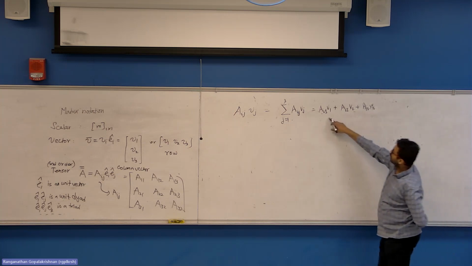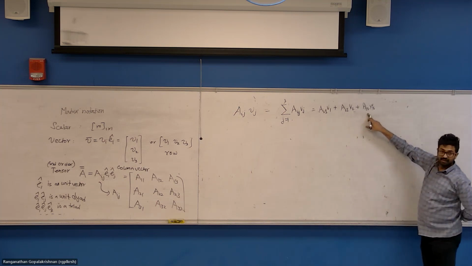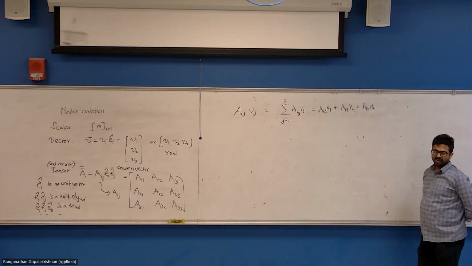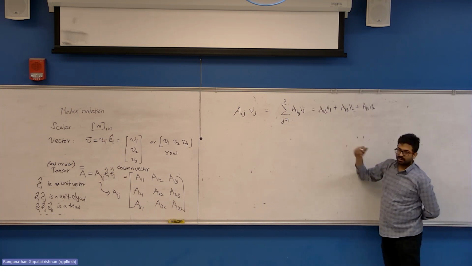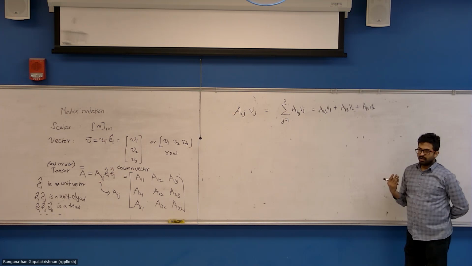Now here is a quantity which has one index i. What would this quantity then become? Its order is 1. And what is a quantity which has order 1? Vector. Scalar is order 0.